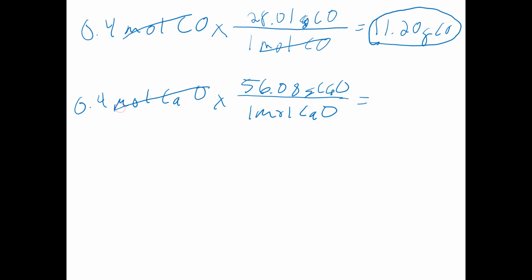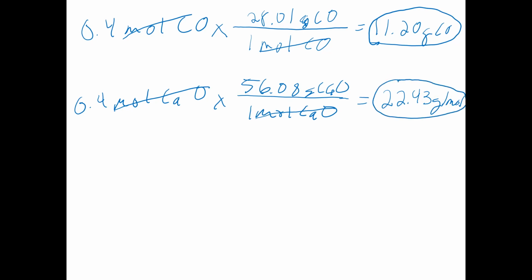So again, moles of calcium oxide cancels with moles of calcium oxide. If you multiply 0.4 times 56.08, put these into your calculator and make sure that you get the same answer I did. If you multiply this out, you should come up with 22.43 grams.